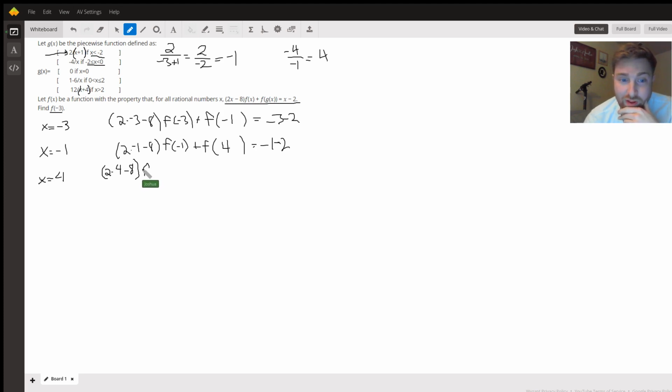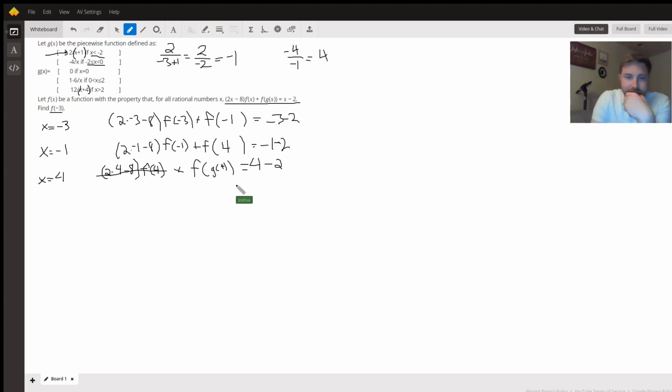So it doesn't matter what f of 4 is, that's going to go away. So let's keep on going. Plus f of g of 4 equals 4 minus 2. Remember that thing goes to 0, so this goes away.